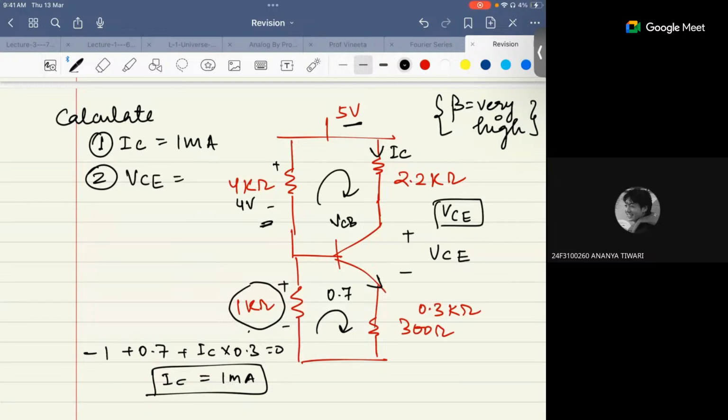You have 4 volt here, and you have 2.2 volt here, right? You can calculate the VCB from here. And then same thing, minus 4 plus 2.2 plus VCB equals 0.